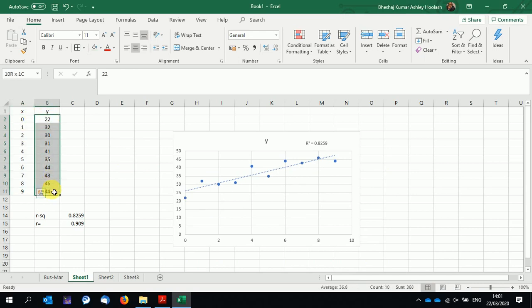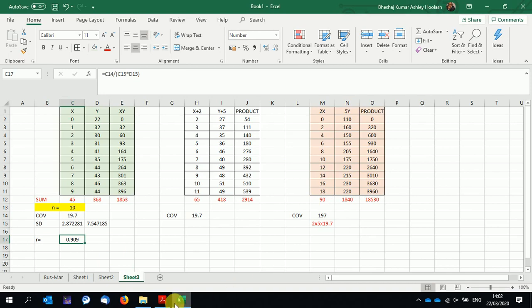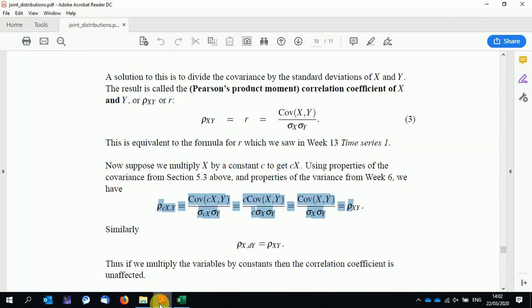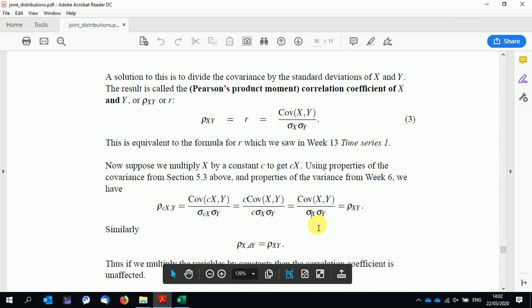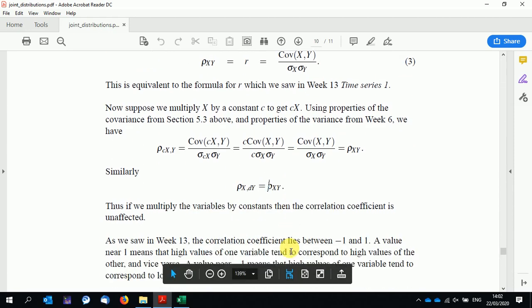I can do the same thing here. The relationship will stay the same. And I hope you understand why. Think about it using this here. Okay, so the coefficient of correlation I'm talking about, not the covariance. We've discussed that using covariance before, where the factors, the multiples would be coefficients. So think about the mathematics. Irrespective of what I do with my x or y in terms of having multiples, they are still going to be the same correlation here.